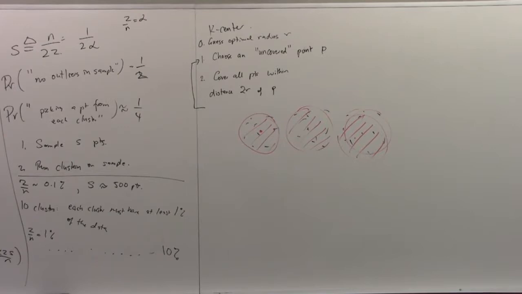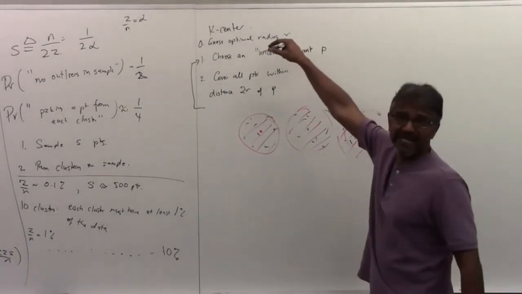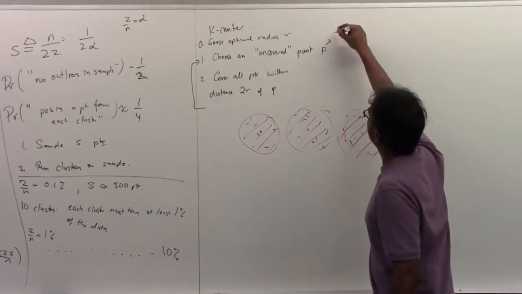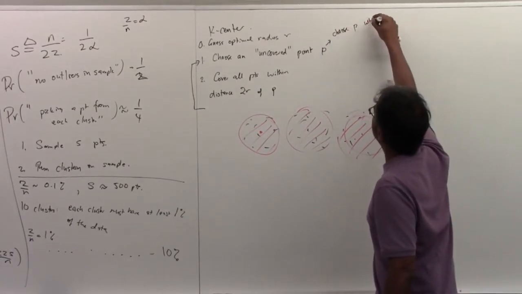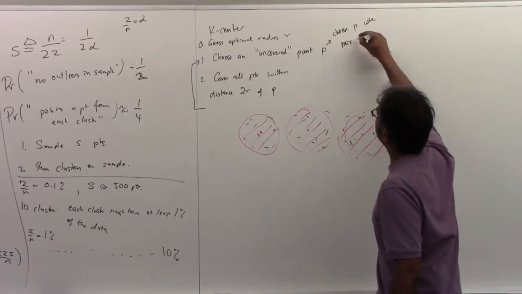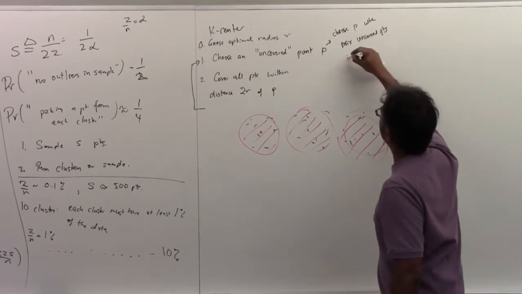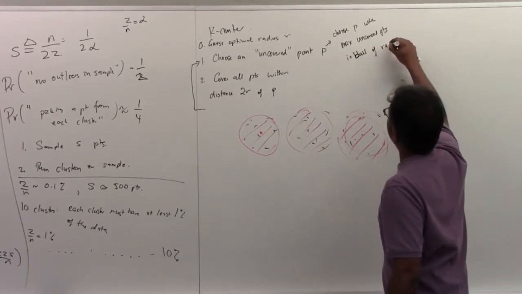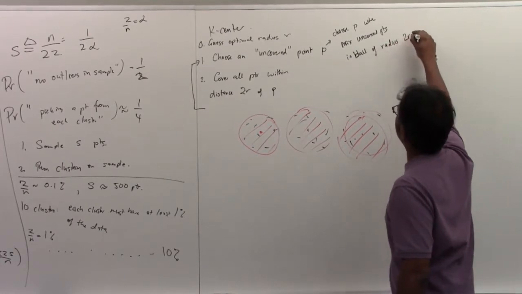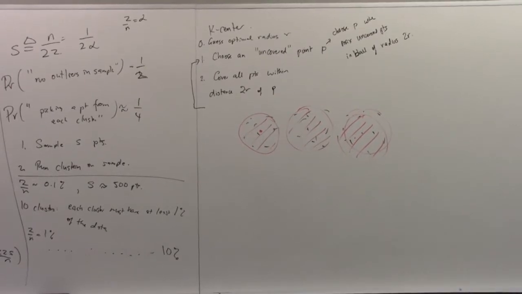Let me modify this even further. Instead of choosing any uncovered point, choose the P with the maximum uncovered points in the ball of radius 2R. So don't just choose any P, choose a P that gets you the most stuff to cover.